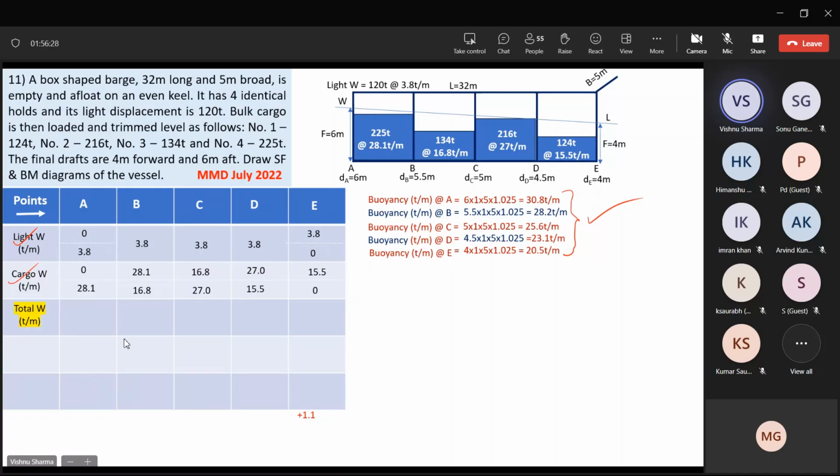This gives us the total weight acting downwards. We do the algebraic summation of these two, we get these weights, and we suffix them with a minus sign. Guys, please see up to load W. I don't think there is any change from what we learned yesterday and it should not be a problem. Is that clear, beta? Clear, guys?